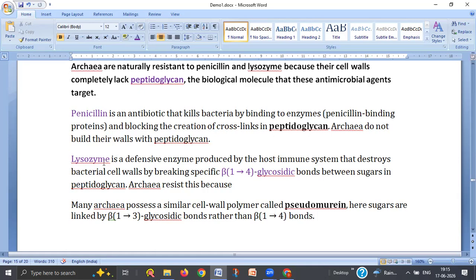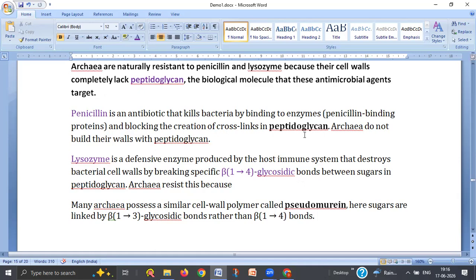Penicillin and lysozyme both act on the cell walls of the bacteria. How do they act? Penicillin prevents the cross-linking of the peptidoglycan. It prevents the synthesis of the peptidoglycan. And lysozyme acts on the beta-1,4 glycosidic bonds which are present in the peptidoglycan. But archaea or archaebacteria lack peptidoglycan.